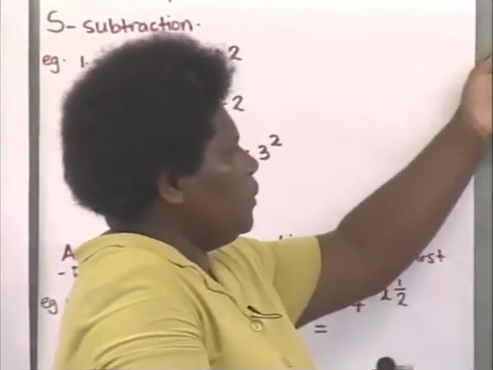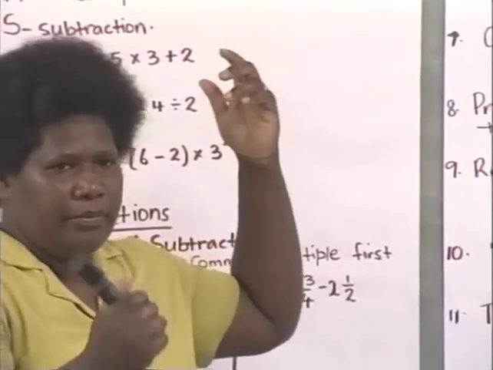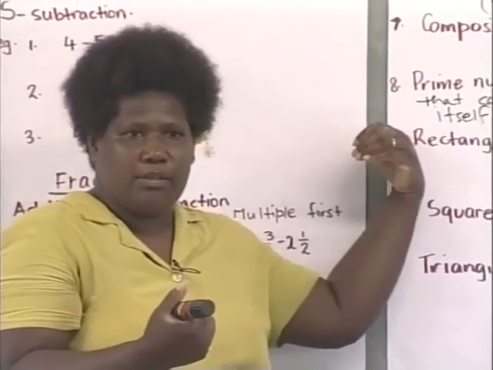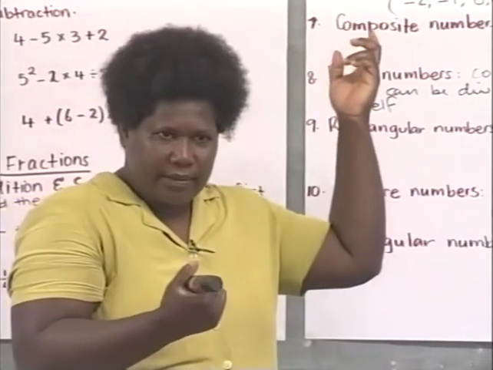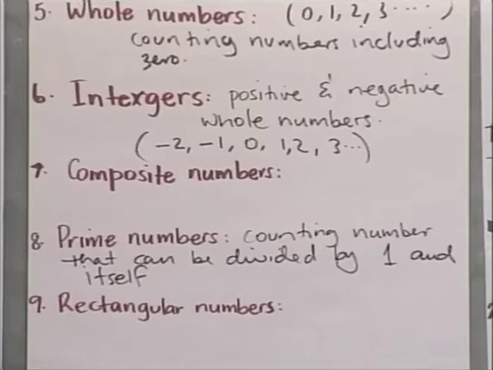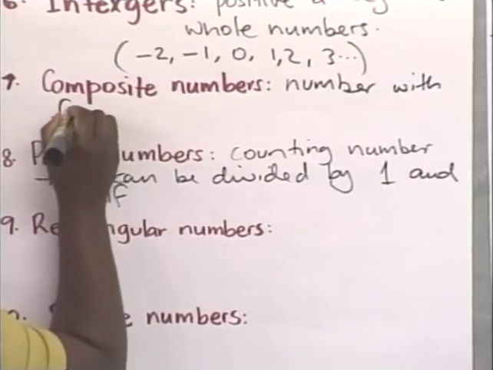Okay, then back to composite numbers. If Rita said a composite number is not a prime number, then what is a composite number? Daniel. A number with factors other than itself and 1. Very good.